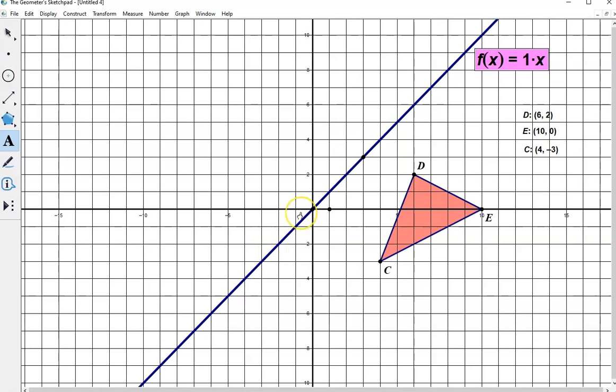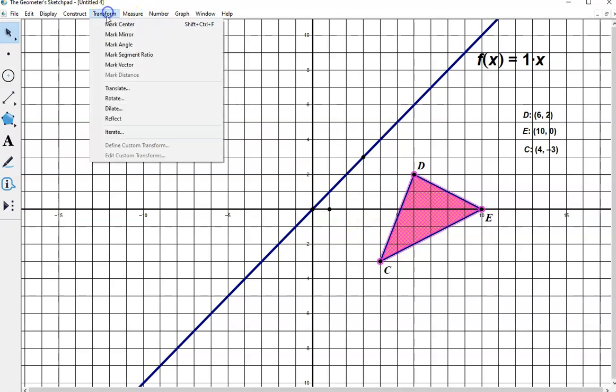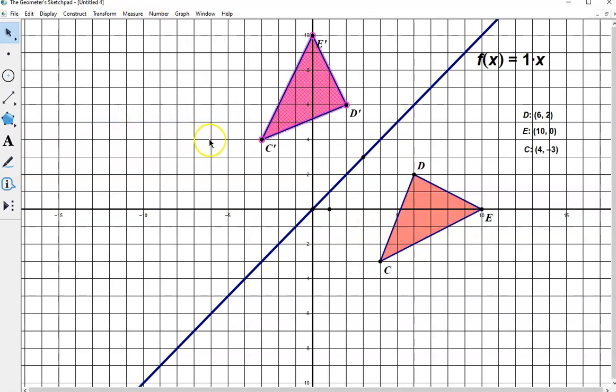It's y equals x because every y value equals the x value, and every x value equals the y. So we're going to reflect across it. Let's double click on that. It's our line of reflection. Let's do our reflection across that line.